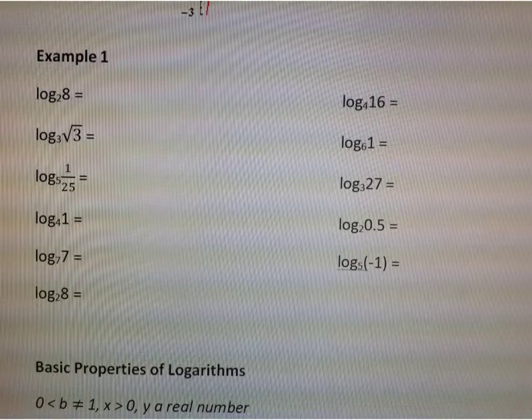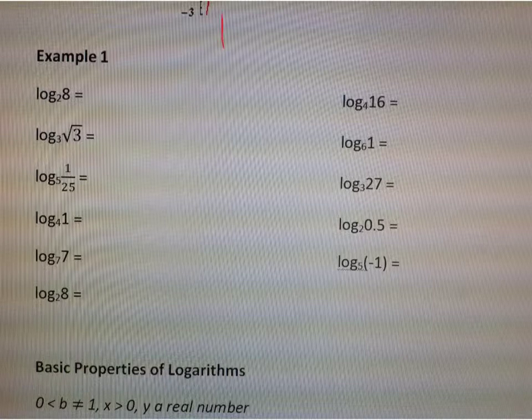For our first set of examples, we're just going to evaluate some basic logarithms, and these are doable without the calculator. And I'm going to go back to the rule that I was talking about on the last slide. I used the example of 2 to the x, and I'm just going to call our base b, as we have been doing with our exponentials.